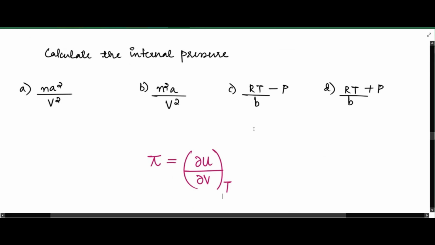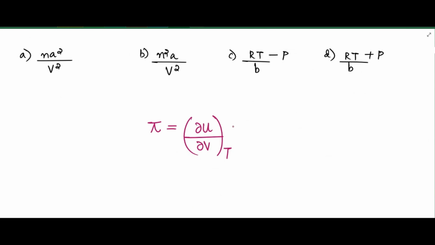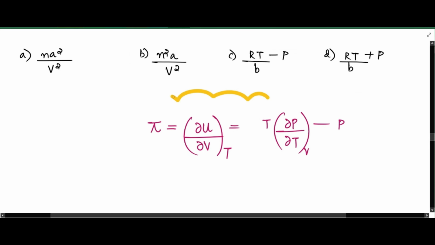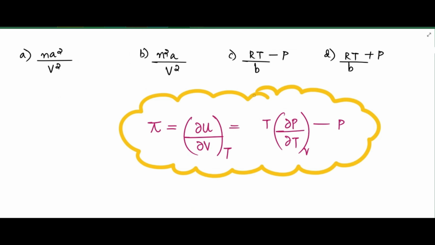Okay? Dou u by dou v at constant T is equal to T dou P by dou T at constant volume minus P. This is the equation to find the internal pressure.